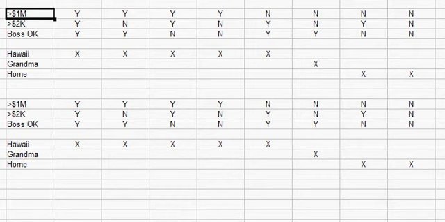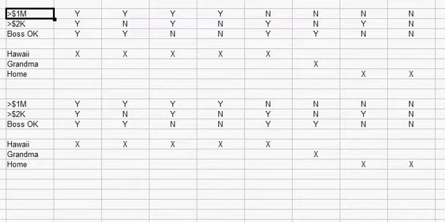So the first thing that we should notice, I remember last time I was talking about always only looking at two columns at a time to see if there's one condition that's changing, and that one condition changing is not impacting the outcome.